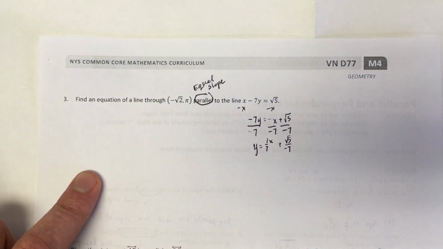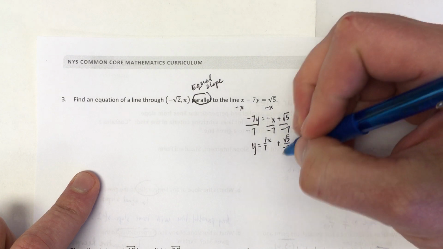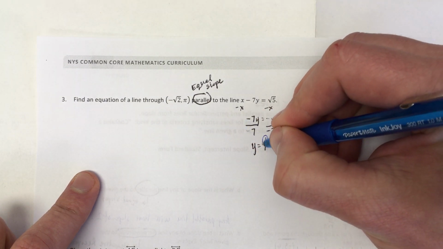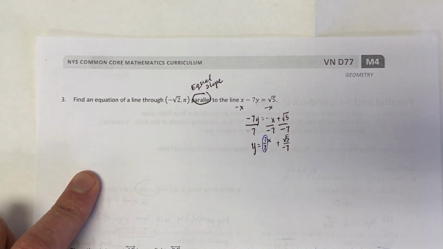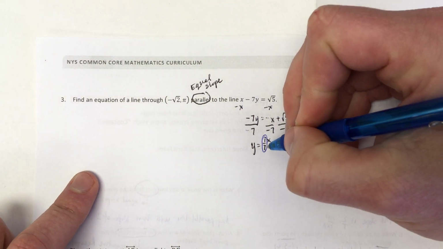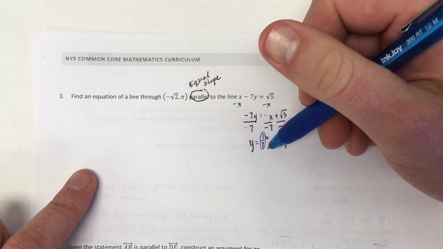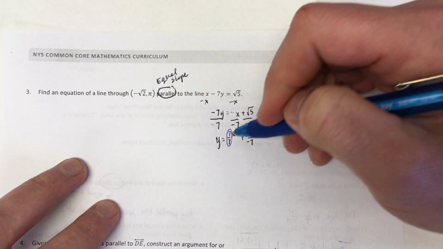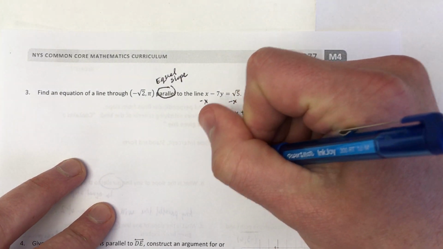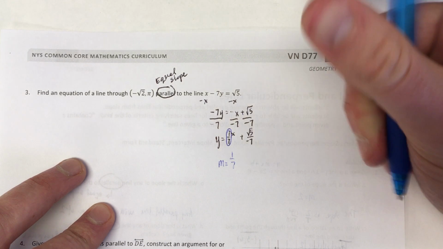Now, in all honesty, I'm not really paying much attention to the y-intercept. I'm solely paying attention to the slope. Since it's supposed to be an equal slope, I really just need to work on this m equaling 1/7.